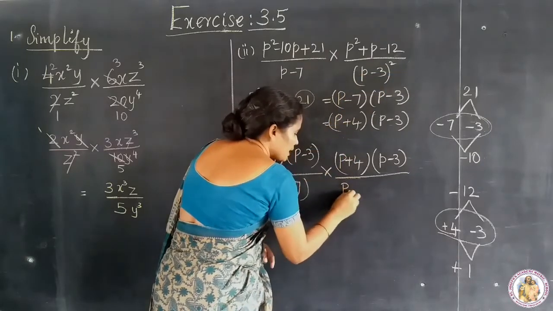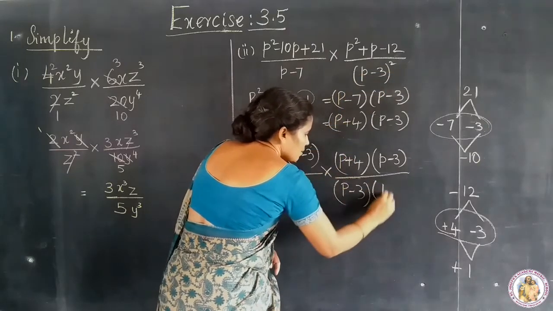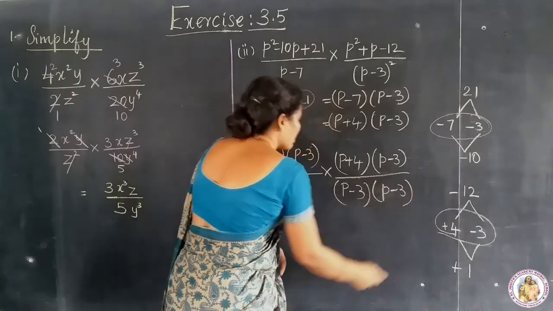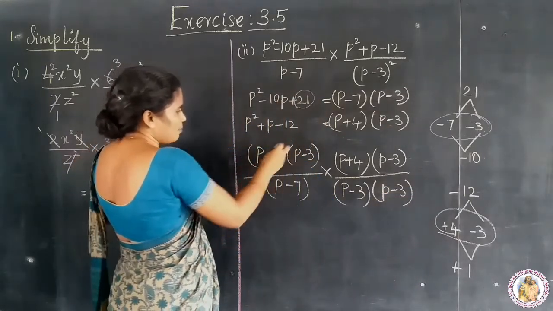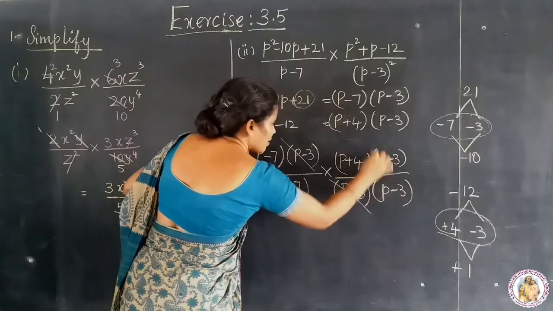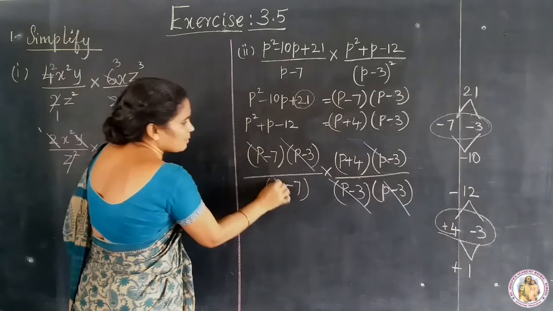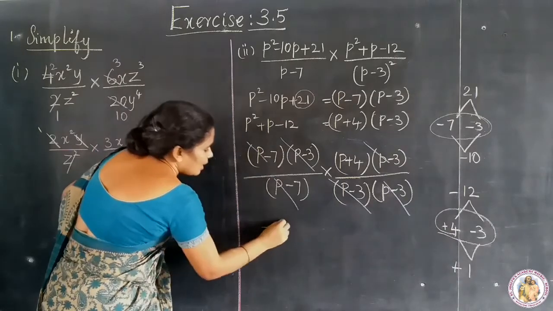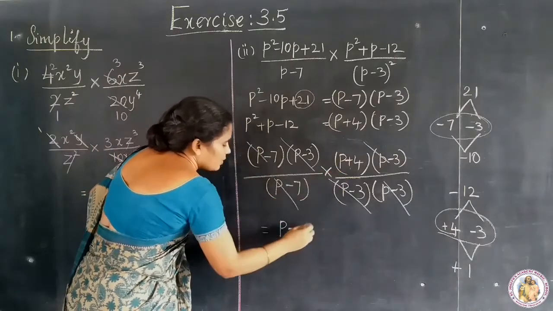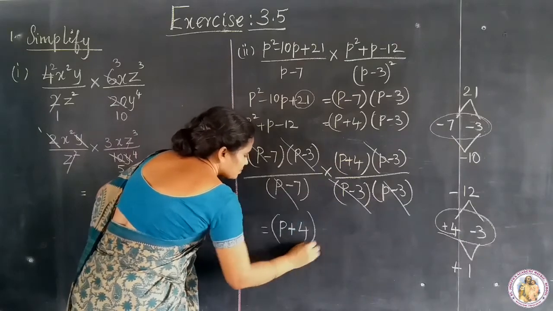So write 2 times p minus 3, p minus 3. Okay, now cancel p minus 3, p minus 3, p minus 3, p minus 7, p minus 7. So remaining we have p plus 4.